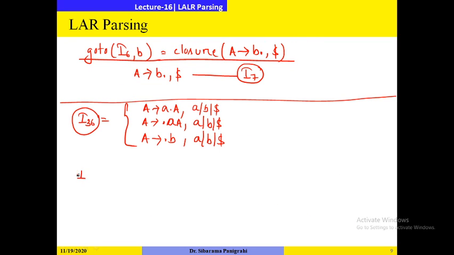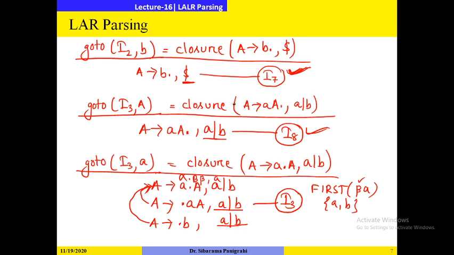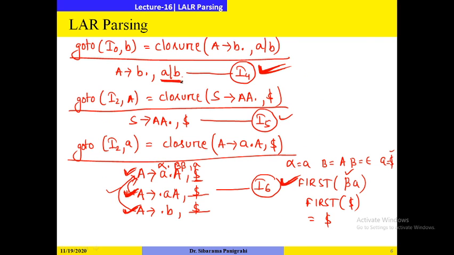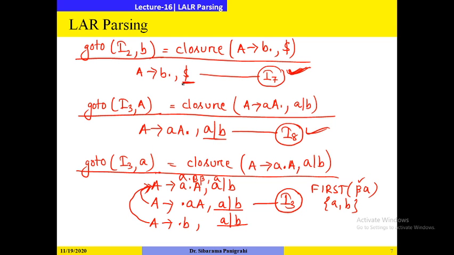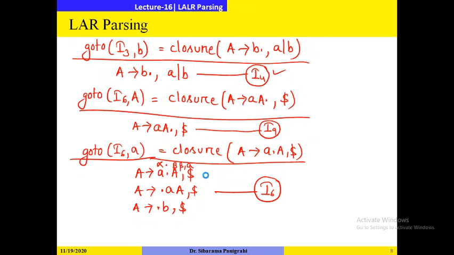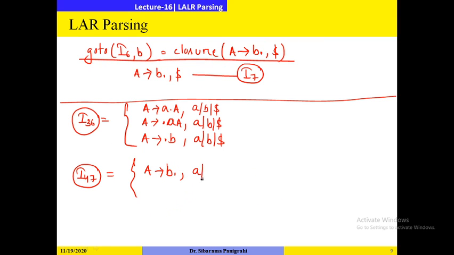So in I47, A gives to B dot, comma, here we merge the look ahead symbols. In I4 you have A or B, in I7 you have dollar. So here we will merge A, B, dollar.